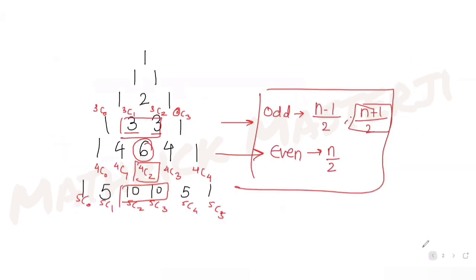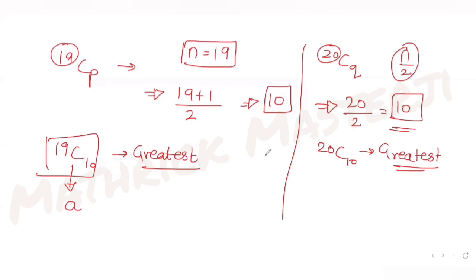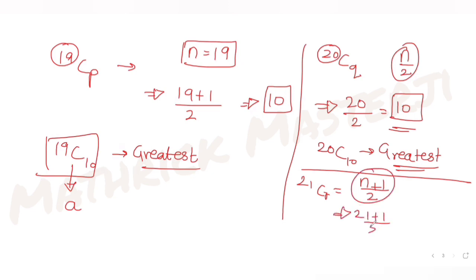Now, once I have that as well with me, I can figure out the next one, that is 21CR, where n is odd, which means even number of terms, and with even number of terms, I can pick any one out of (n minus 1) divided by 2 or (n plus 1) divided by 2. So I'm taking n plus 1, let's say 21 plus 1 divided by 2, which is 22 divided by 2, which is 11.